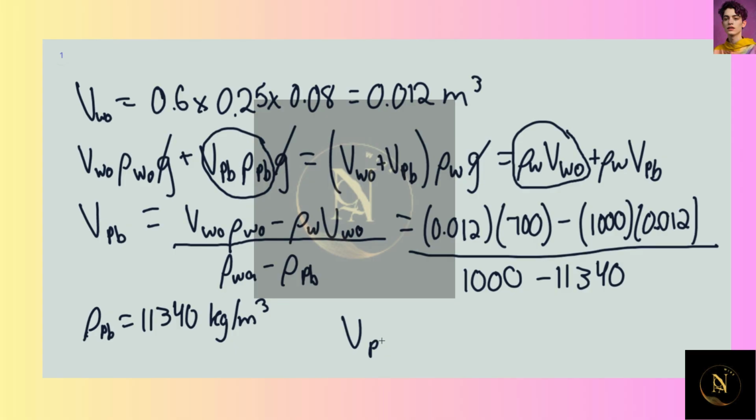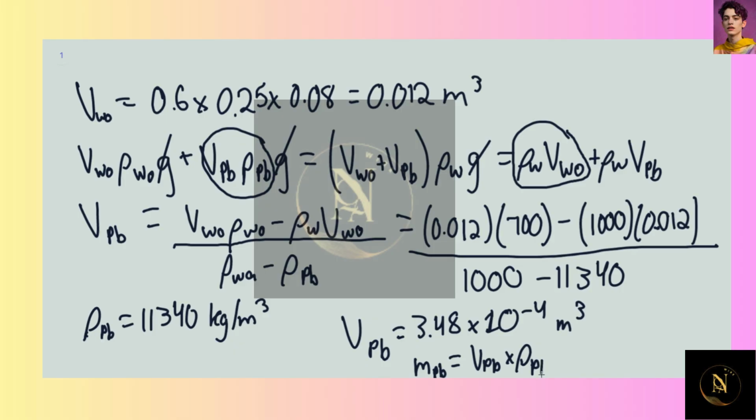And the volume of this lead is going to be 3.48 times 10 to the negative fourth meters cubed. Now, the mass of the lead can simply be calculated by the volume of the lead times the density of the lead.